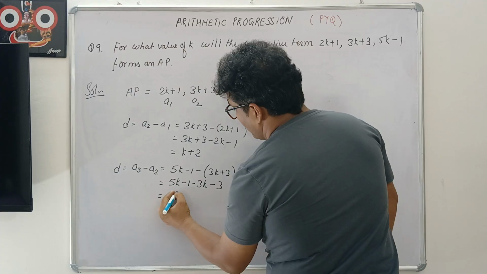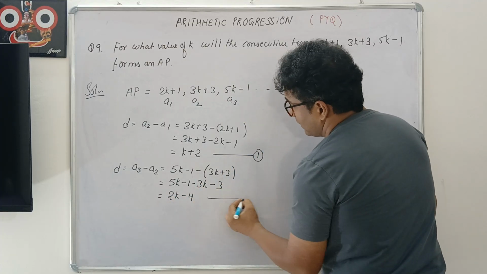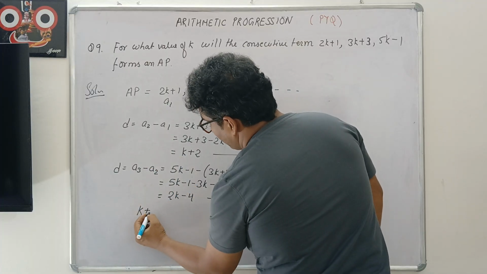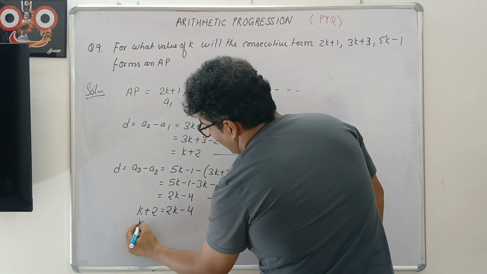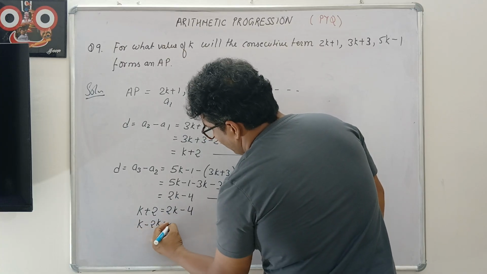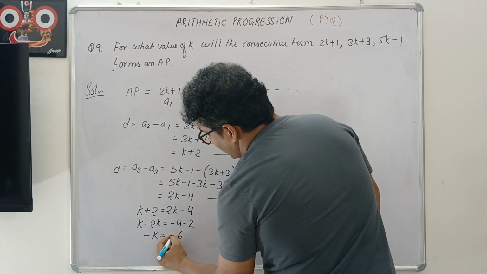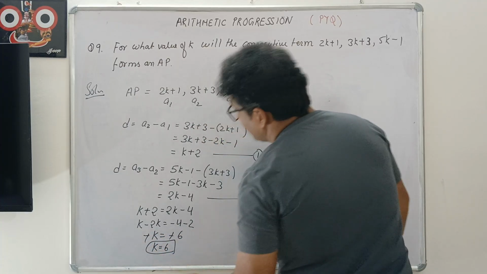That is 2k minus 4. Correct. This is first and this is second. Equating both, because this is a common difference, it will be equal: k plus 2 equals 2k minus 4. So 2k minus k is k, and 4 plus 2 is 6. The value of k is 6.